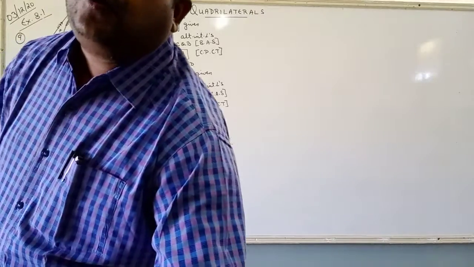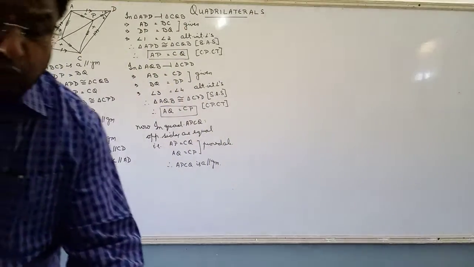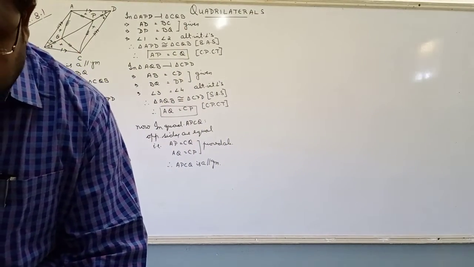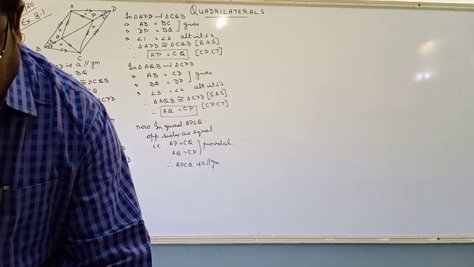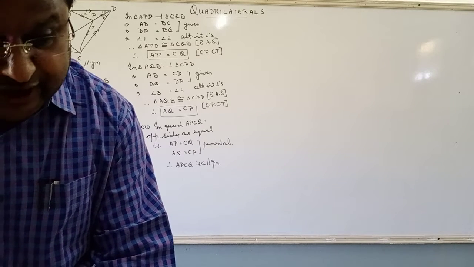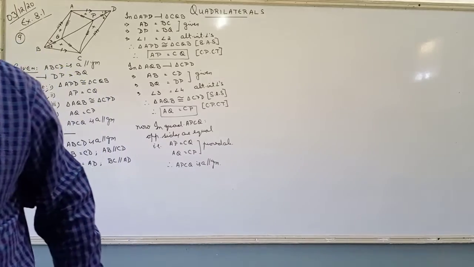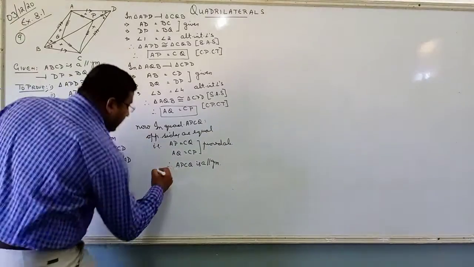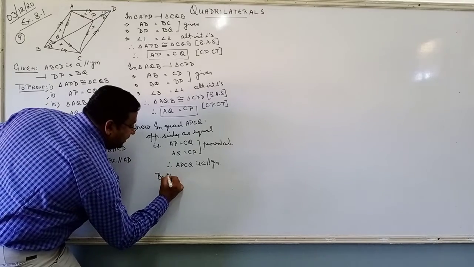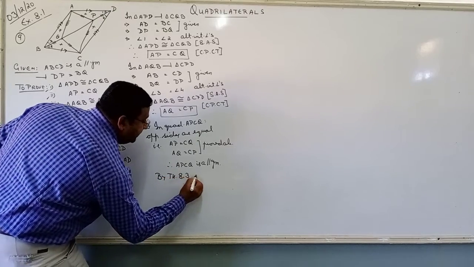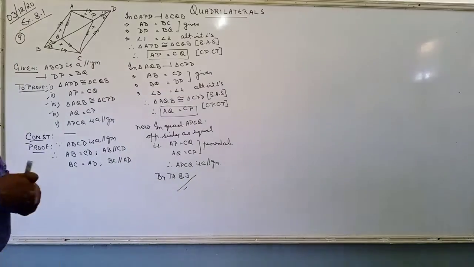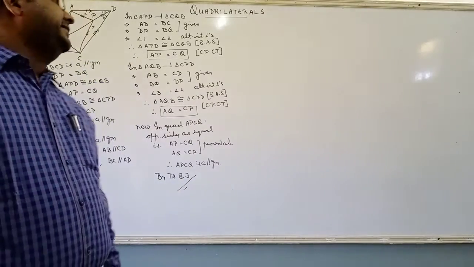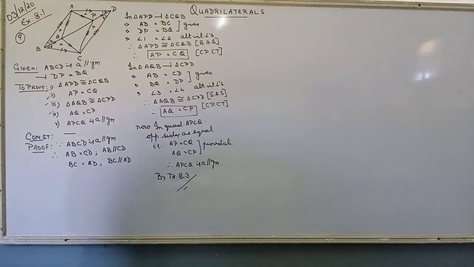Why? Opposite sides are equal and parallel. How do we know, sir? Take a look at theorem number 8.3. If each pair of opposite sides of a quadrilateral is equal, then it is a parallelogram.